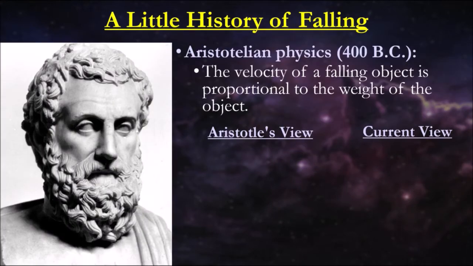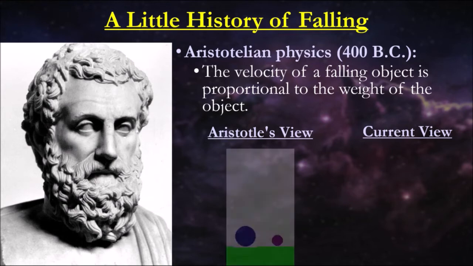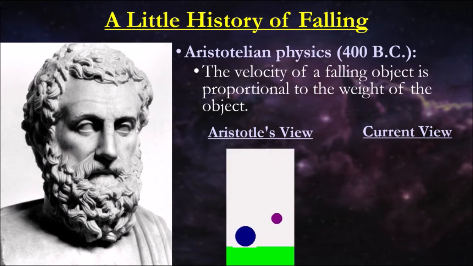Another thing that Aristotle got wrong back in the day, and mind you, this was about 400 BC, so there's a lot of changes happening there. Aristotle's view was that mass would affect how fast an object drops. Again, one of the reasons why that could be the case is because of air resistance.